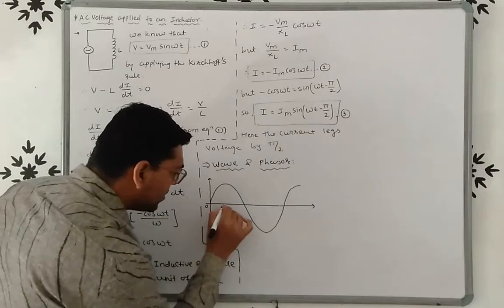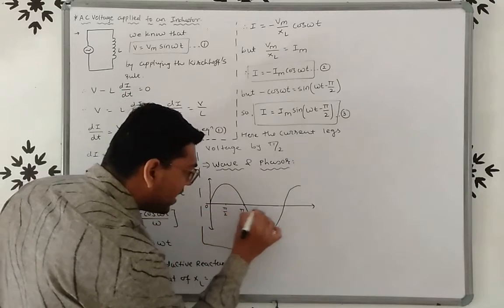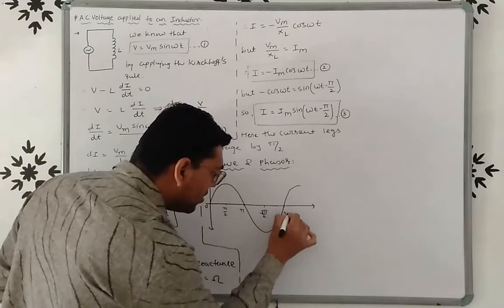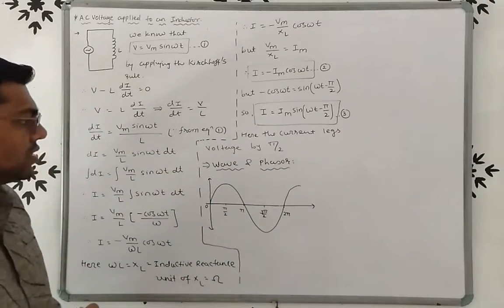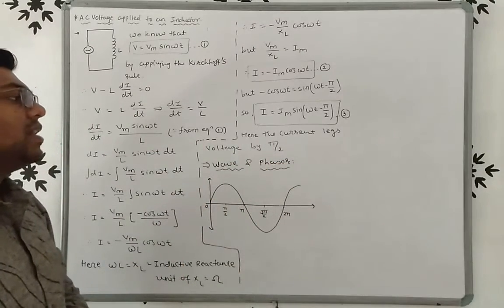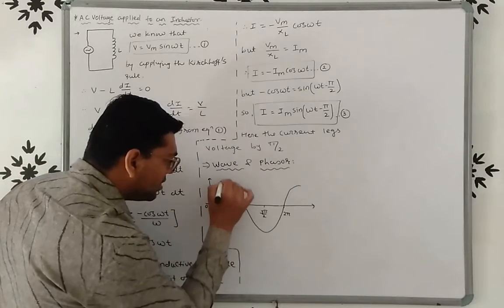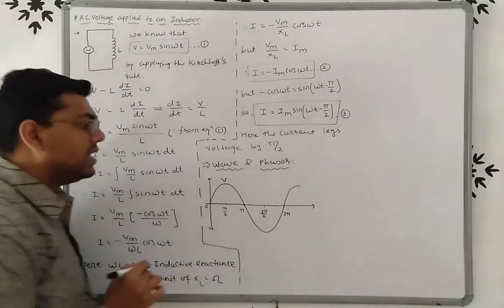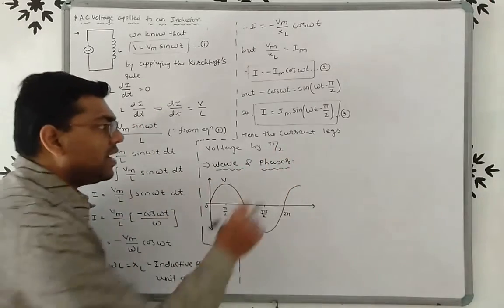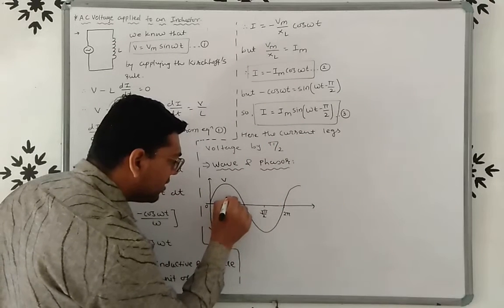So here this is 0, this is pi by 2, this is pi, this is 3 pi by 2, and this is 2 pi. Right? So here friends, the current lags voltage by angle pi by 2. This is the voltage, and the current starts at angle pi by 2 because current lags voltage.